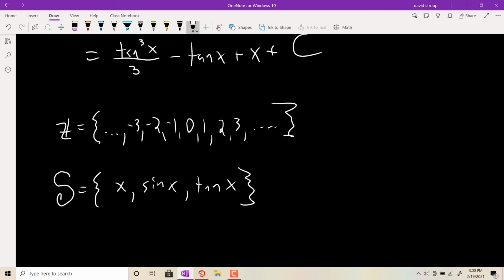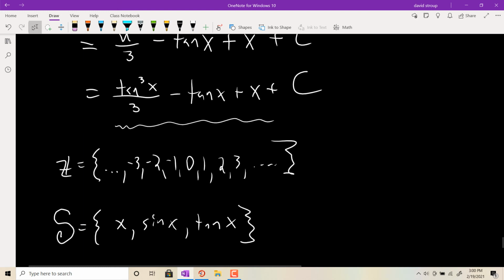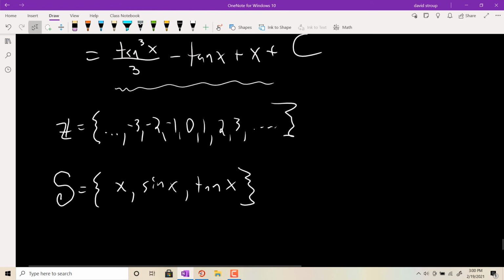What you do is produce a universe from this set, a universe of functions, and the universe looks like these polynomials in terms of trig functions and stuff like that. You're going to get polynomials, trig functions, rational things, so ratios of things over things.